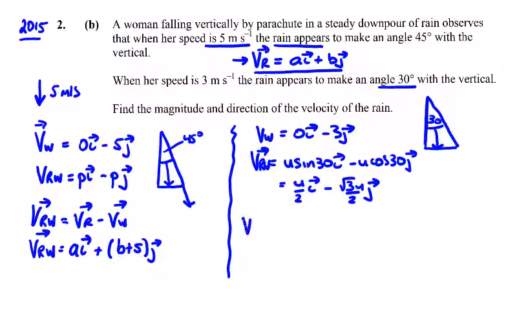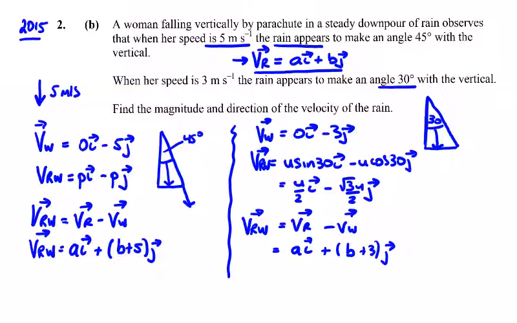And we also have the velocity of the rain relative to the woman, with the velocity of the rain minus the velocity of the woman with our new speed of 3. So the velocity of the rain, again, a minus 0, so just a in the i direction. And then plus, it's going to be b plus 3 in the j direction.